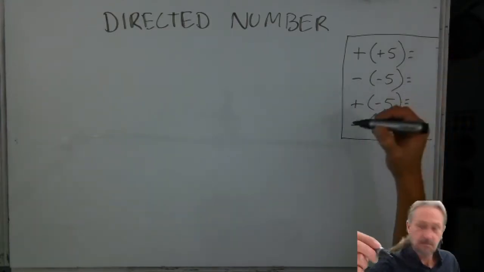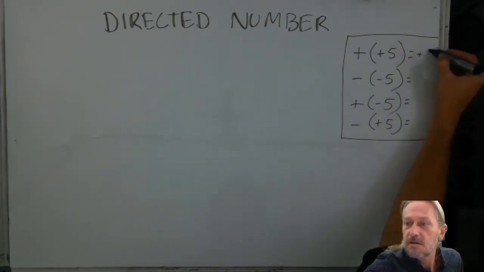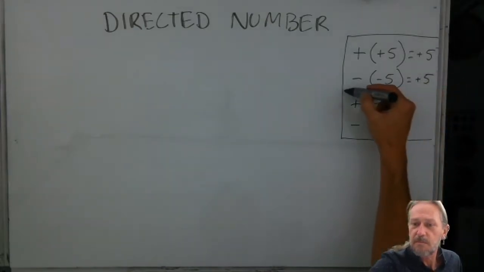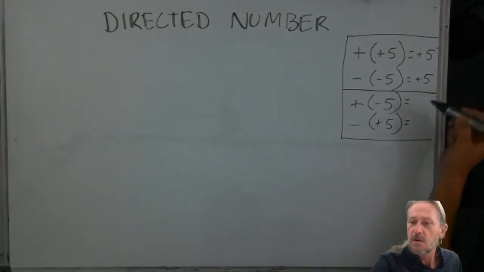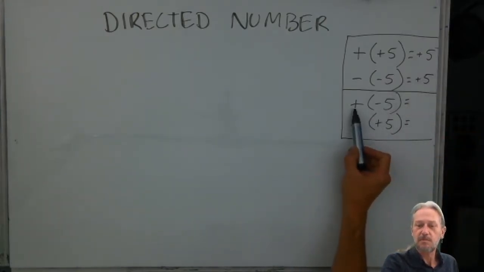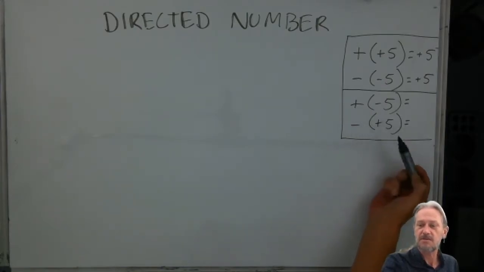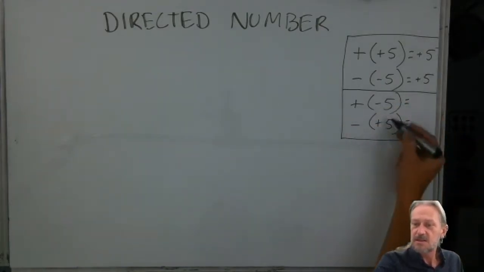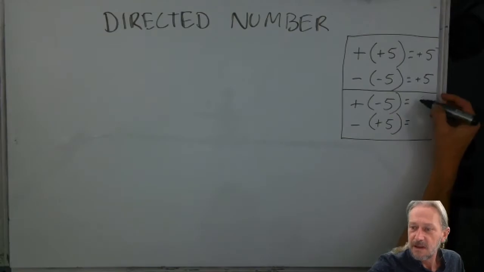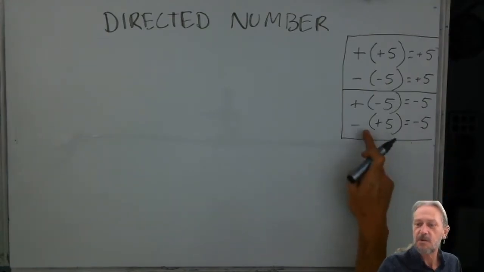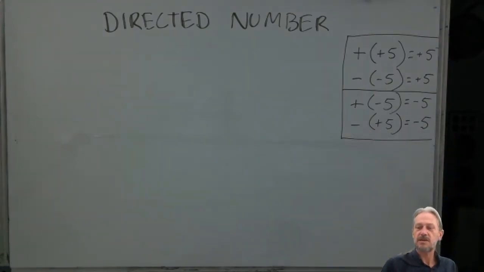So let's just write positive 5, positive 5. But when we have a positive and a negative together, or a negative and a positive, these give a negative. So really, it's just simplifying when we have two signs together.